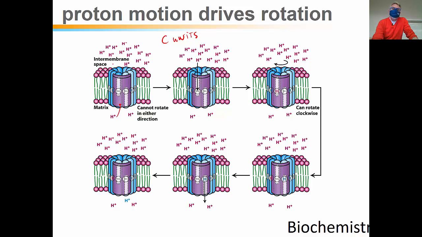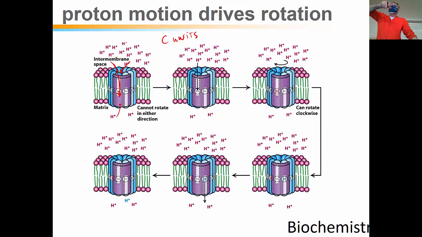And what we can see is while the other transporters we've seen, remember, they would go all the way through. If we look at this one, actually it stalls out partway through. So this passageway doesn't traverse the entire membrane. What happens is the protons move into there, and then they bind to one of these C units, this one here.